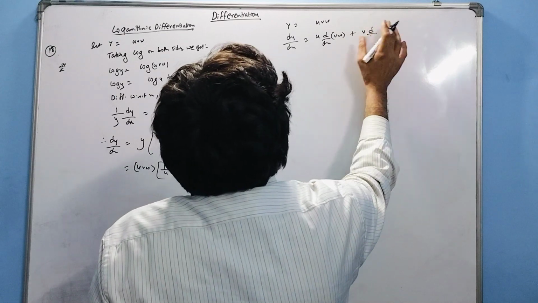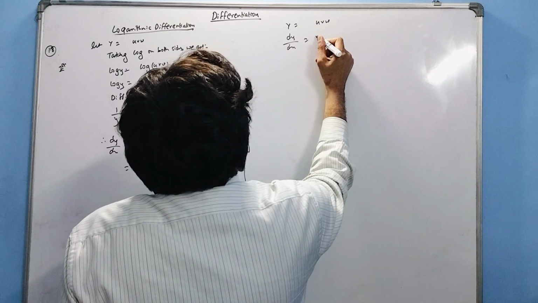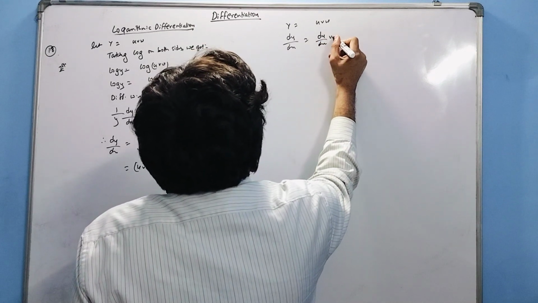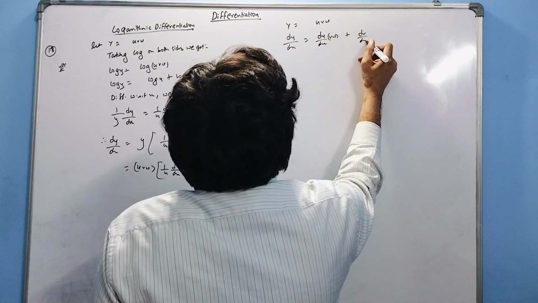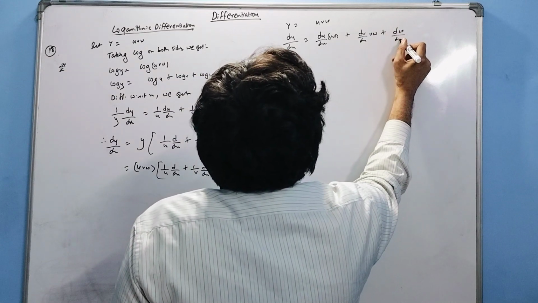We need to solve this. If I differentiate, we have du/dx times v w plus dv/dx times u w plus dw/dx times u v.